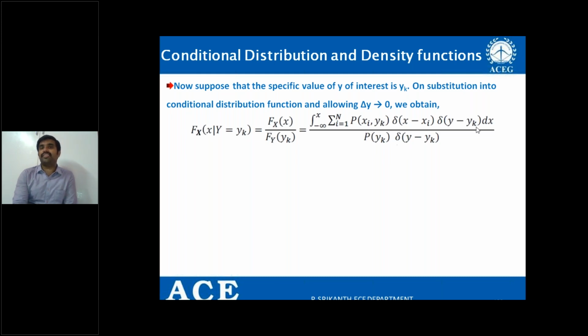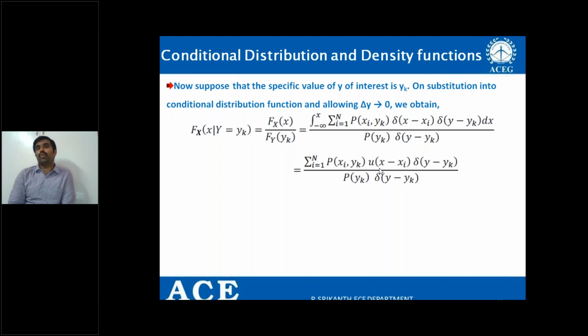Nothing but the joint density function, summation i equal to 1 to n p of xi, yk, del of x minus xi, del of y minus yk, dx. Or I can write simply like this. One, why? Because the integration of unit impulse becomes unit step.